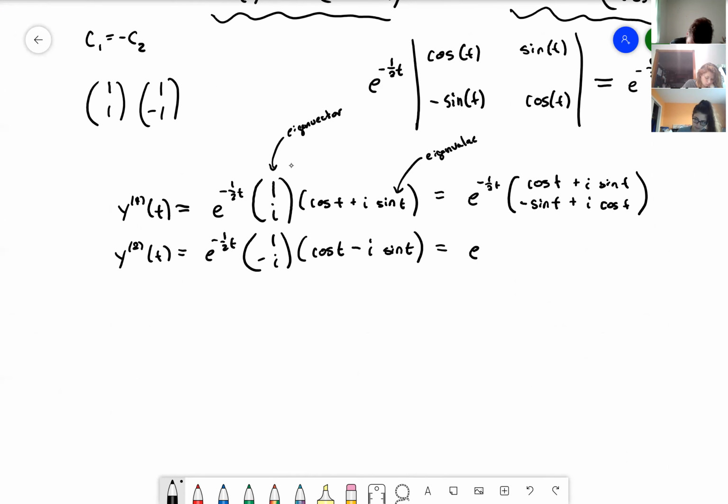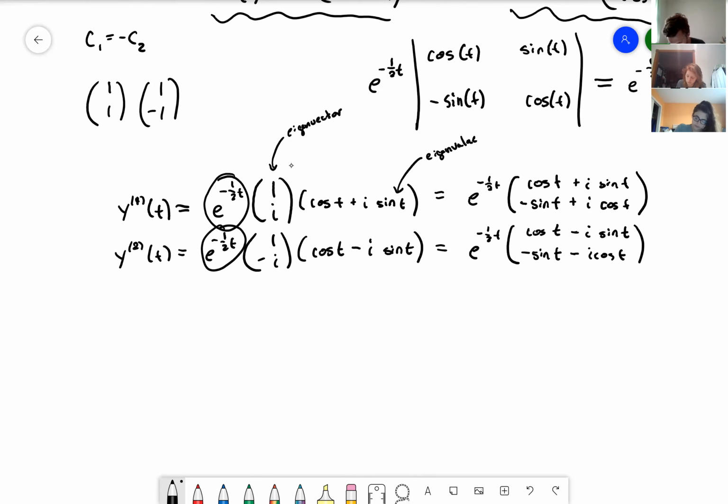And this one was e to the minus 1/2 t. This part right here doesn't change, right? Taking the complex conjugate doesn't change the real part of the eigenvalue. So we have cosine t minus I sine t and negative sine t minus I cosine t.